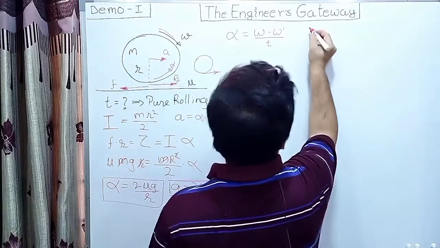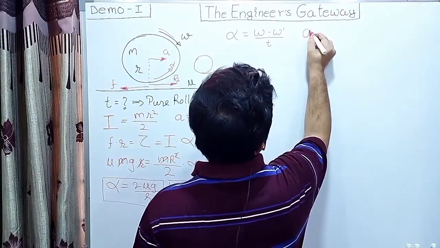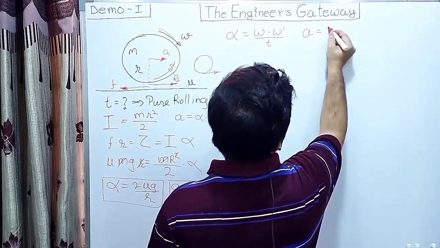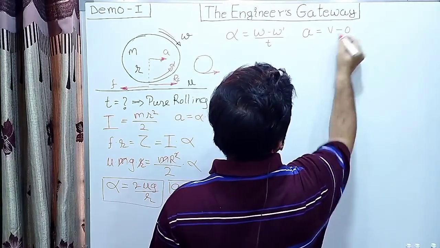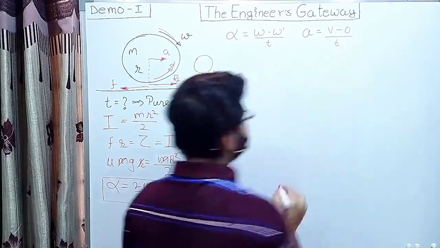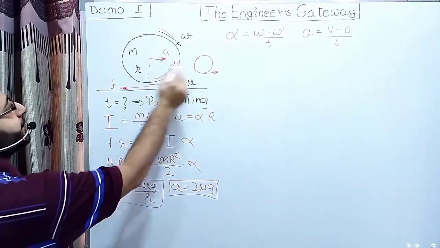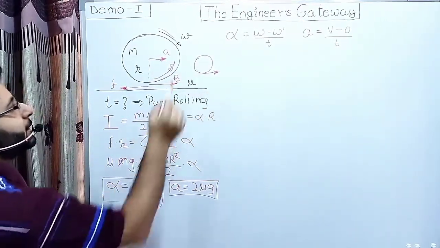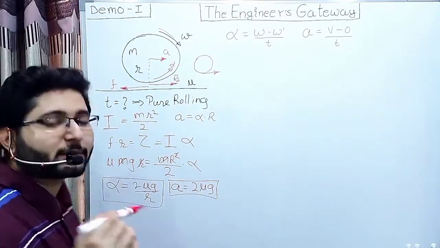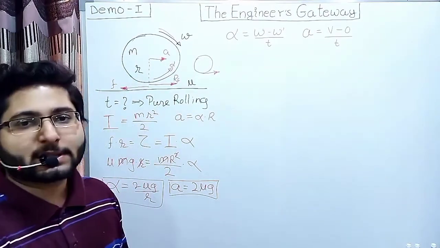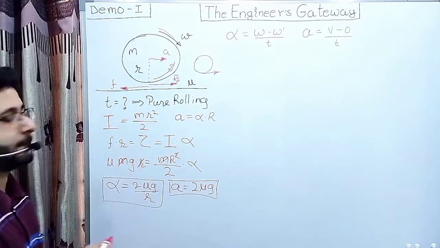And also a is equal to v minus 0 by t. Why is it 0? Because initially the linear velocity in this particular direction was 0, and omega dash is the angular velocity after time t, which it will achieve upon pure rolling.